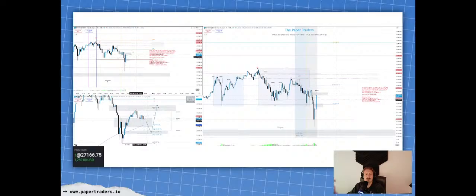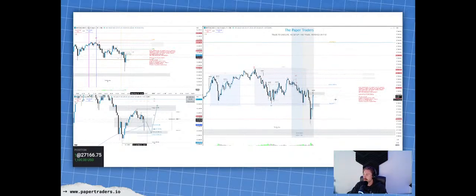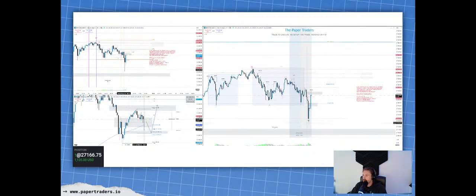Nothing at 8 a.m., like we said, nothing at 8 coming out news-wise. Right, if they reject this fair value gap right there, then we're watching OTE here.